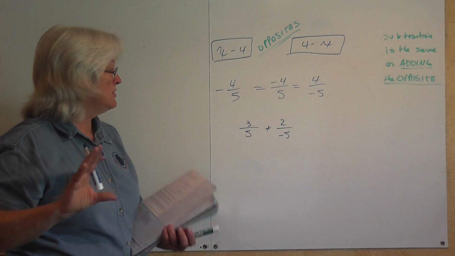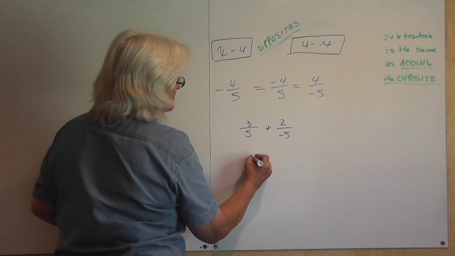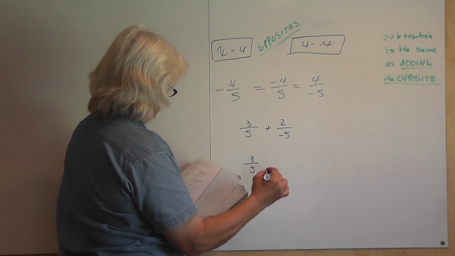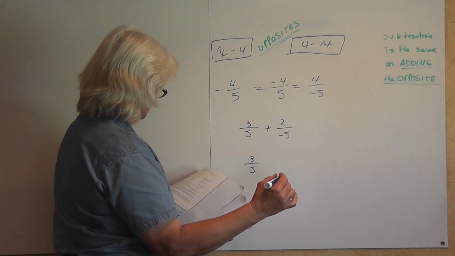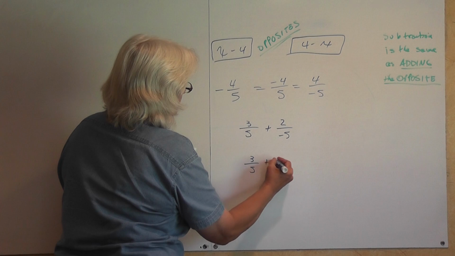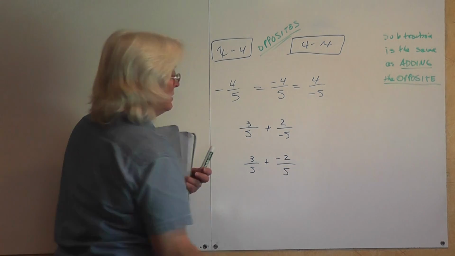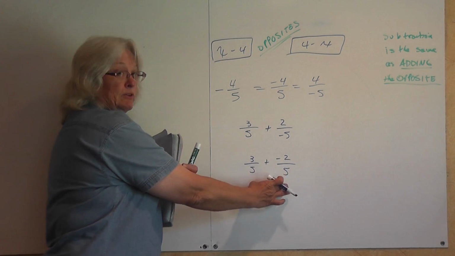Okay? So if you change this form of your rational expression, 3/5 plus -2 over 5. You've got a common denominator now, don't you?